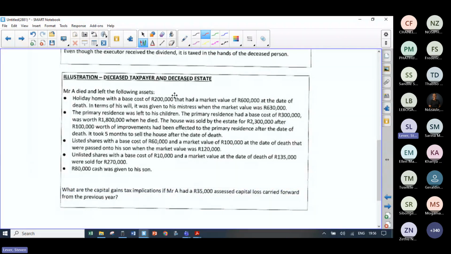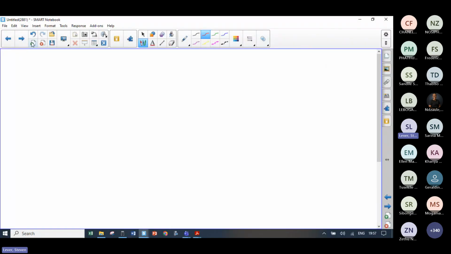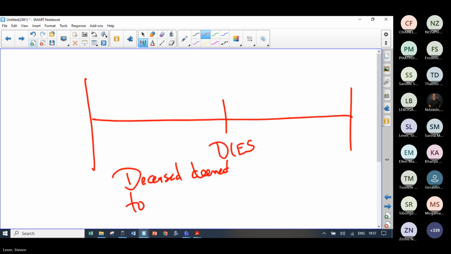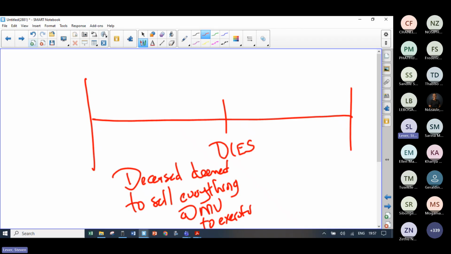I've now got CGT assets. So I just want to do a diagram for you. Guys, if you had to do a timeline, and this is when someone dies, what happens is the deceased is deemed to sell everything at market value to the executor, except if it's going to go to the wife.